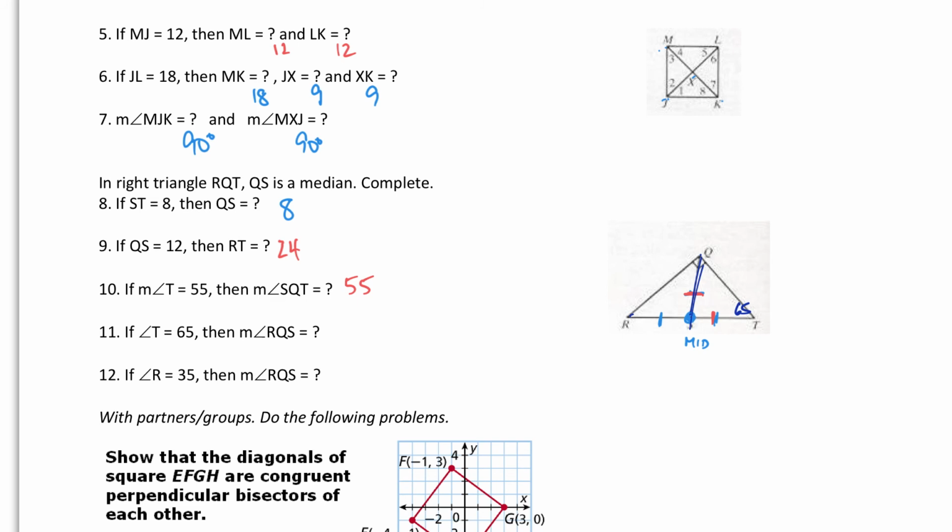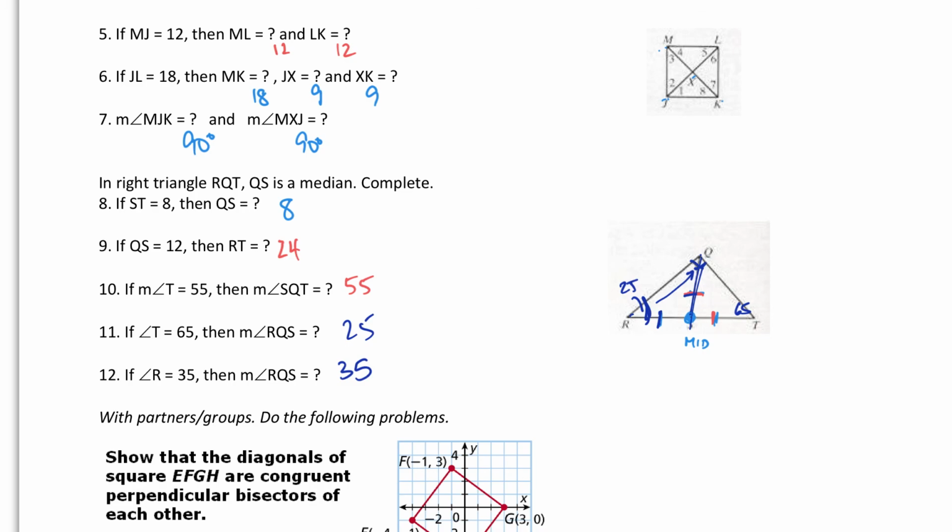Well, I know it's a right triangle, so this angle is 90, and with 65, I can solve for this one, and that'll give me 25. 25 and 65 give me the 90, and if angle R is 25, then this angle right here will also be 25 because we have an isosceles triangle. And then if the measure of angle R is 35, then RQS will also be 35.